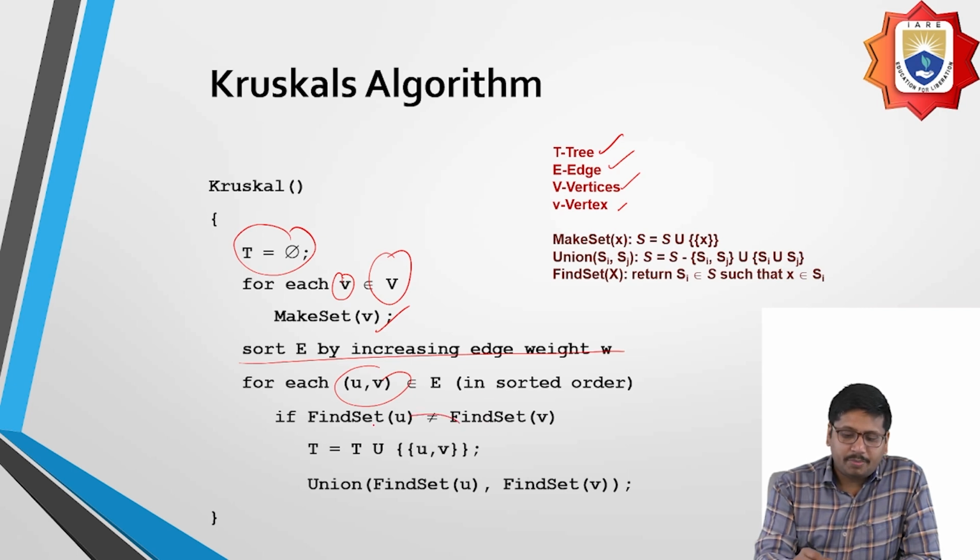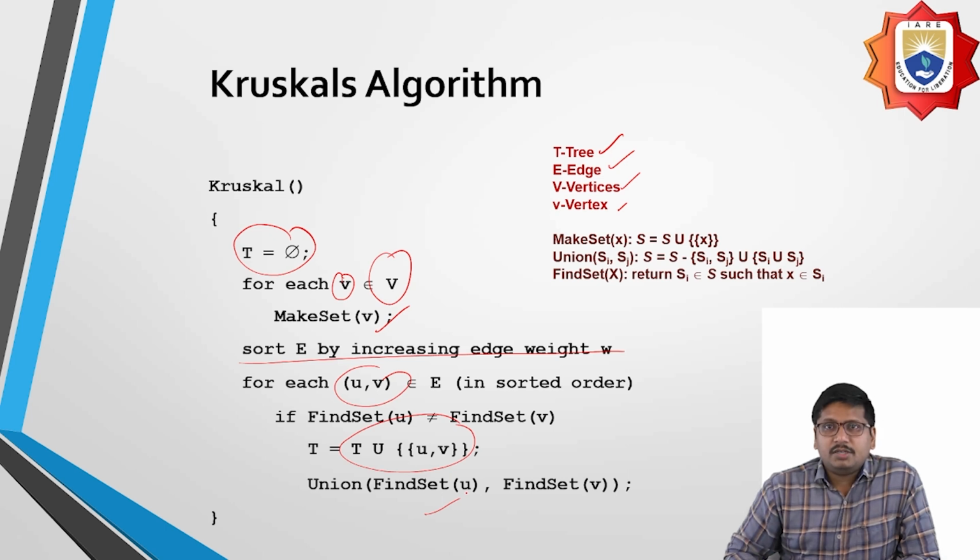Then we append the edge to the tree and apply the union operation for finding the set u and set v, so that it is able to identify the better edge of the graph.